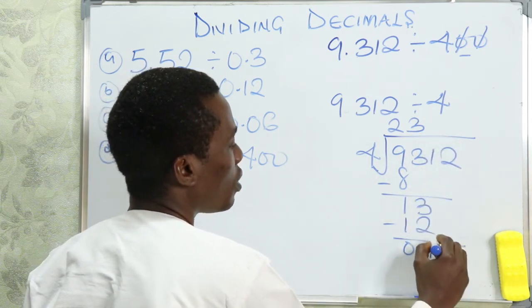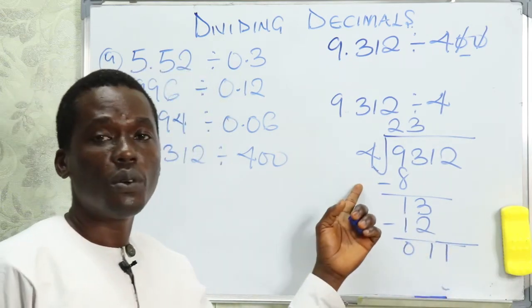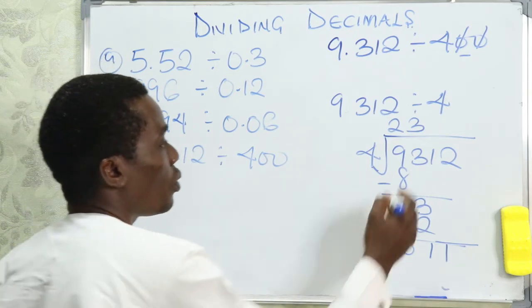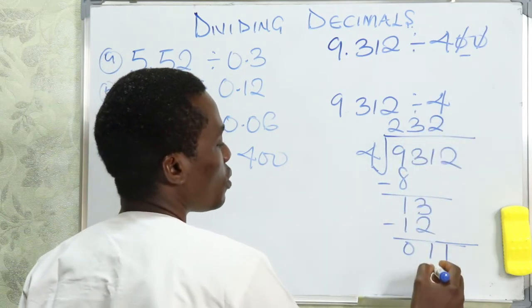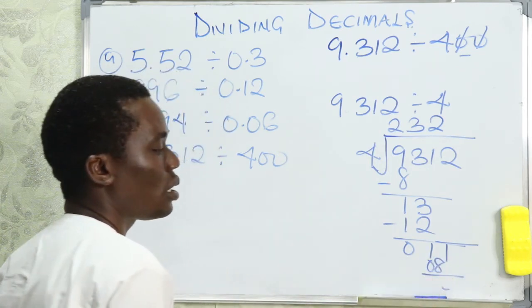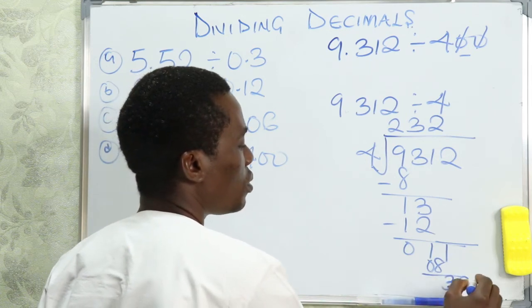You bring down 1. 11 divided by 4 will give you 2. 4 times 2 is 8, right? We'll have 0, 8. So if you subtract this, it will give you 32.